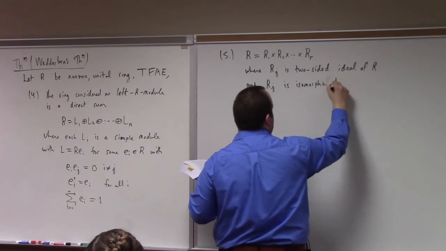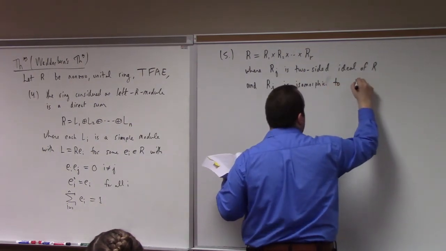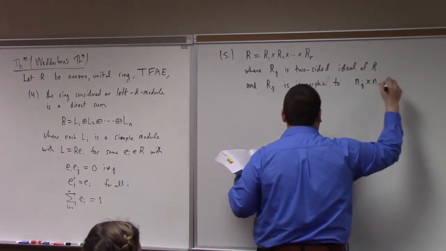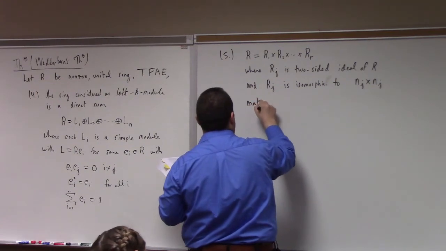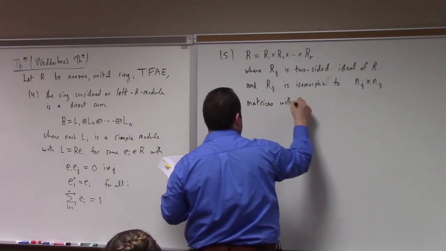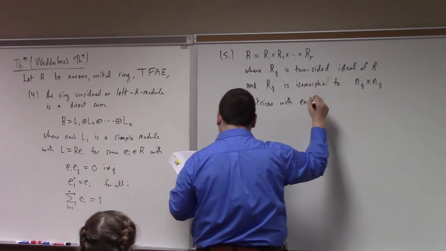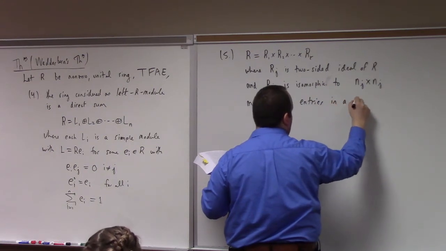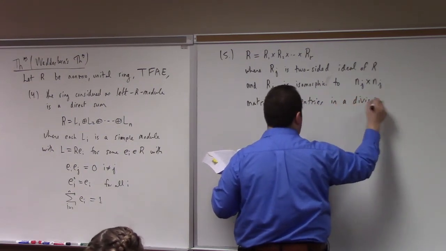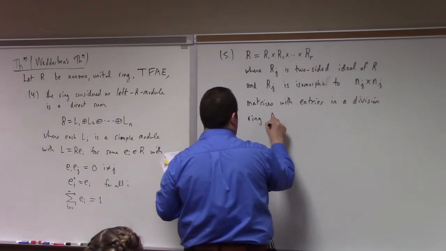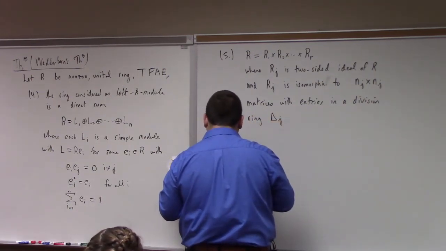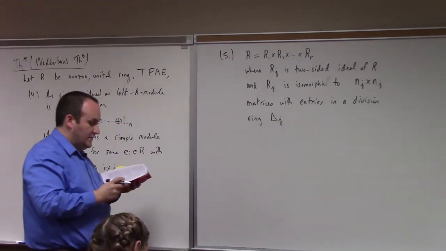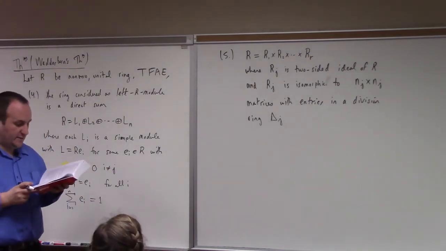Good grief, why didn't I write this out? Poor planning on my part. He says the integer r, the integers n_j and the division rings delta_j, up to isomorphism, are uniquely determined by R.